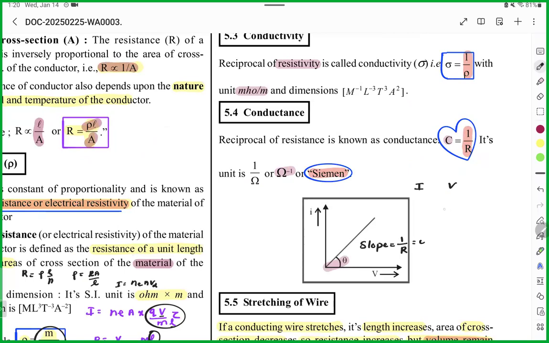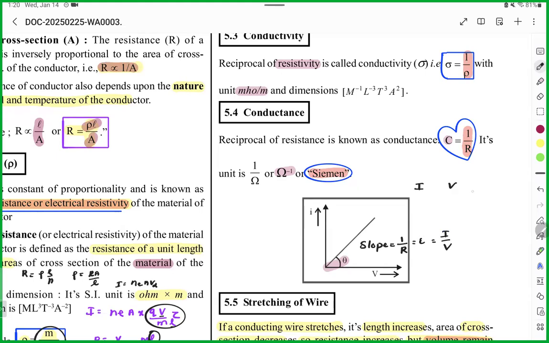In this case, I by V will be y-axis by x-axis. Correct, Pratigya? I by V, or C conductance, or 1 by R.